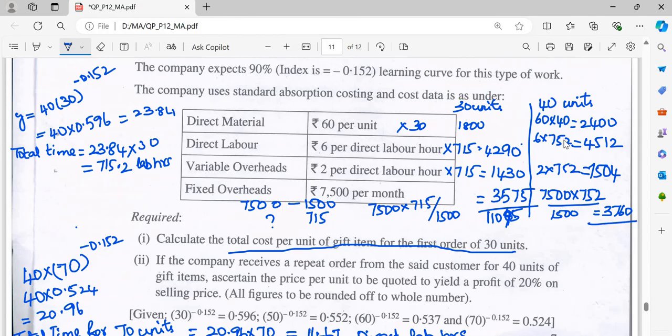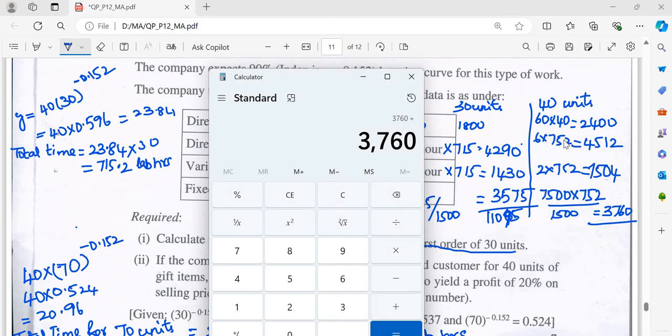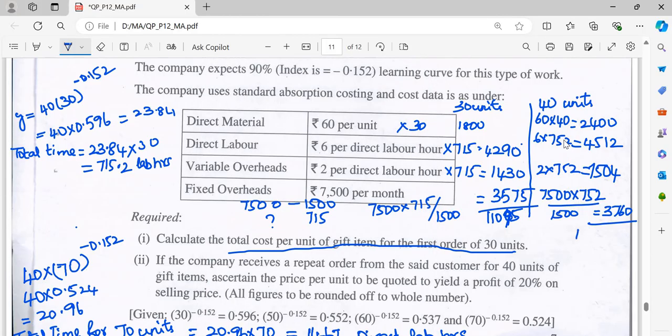So total cost will be 12,176. So they have said the 20% on selling price. So this is my cost.